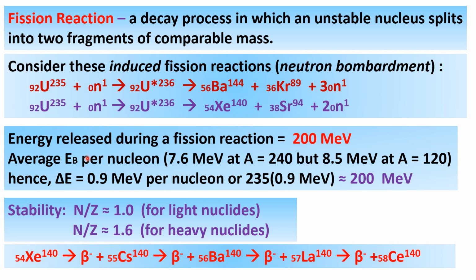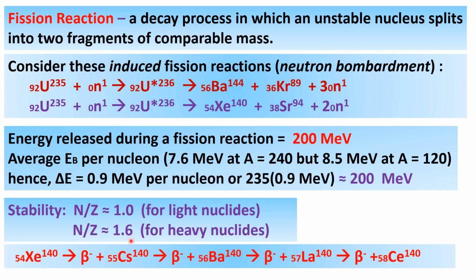So all these things happen because of the element's desire to become more stable. The very objective of these unstable elements is to achieve nuclear stability, right?